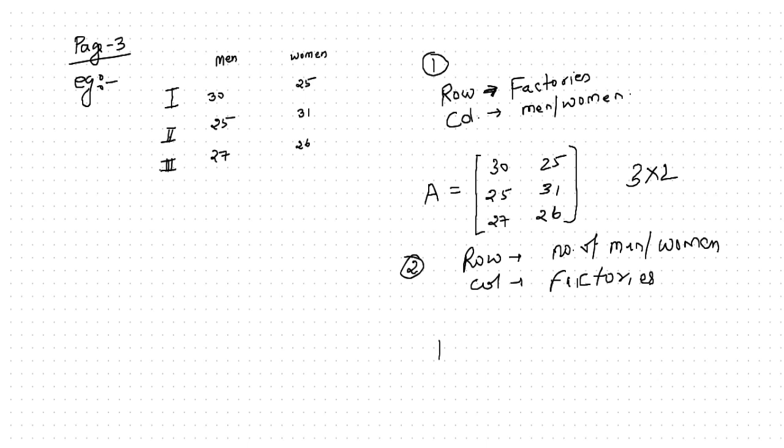So now let's name this matrix as B. Now row is having men and women data. Okay, so factory 1 is having how many men? Suppose this is men, this is women data. Here factory 1, here factory 2, and in column 3 we are representing factory 3. So factory 1 is having how many men? That is 30, and women 25. Similarly 25 and 31, and 27 and 26.